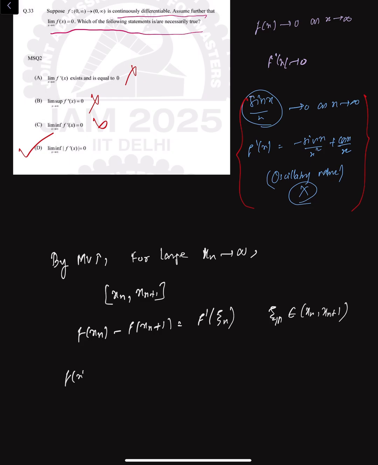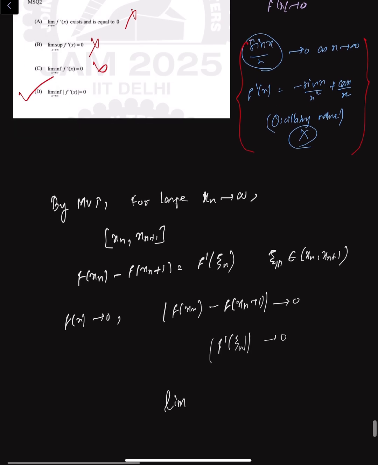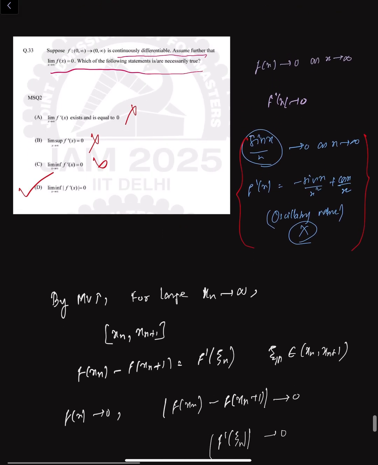Since f of x tends to 0, mod of f of xn plus 1 minus f of xn also tends to 0. So that means f dash of xi n tends to 0. That means that lim inf of mod of f dash of x will be 0. Therefore option D is the correct answer.